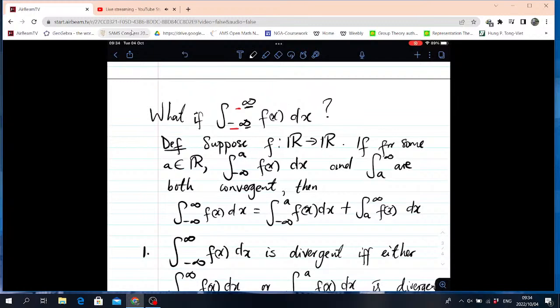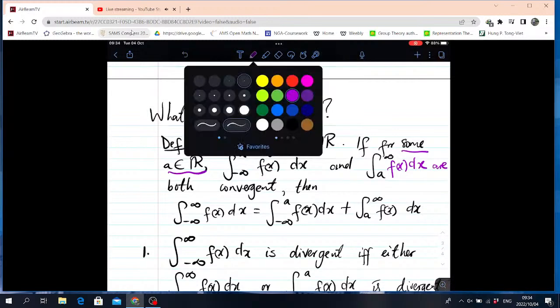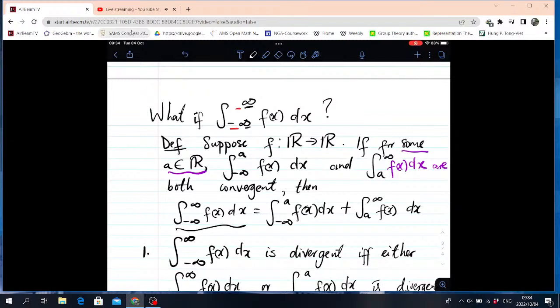So if you've got a function which is defined from R to R, and if for some a in R, the integral from minus infinity to a of f of x dx, and the integral from a to infinity of f of x dx, both are convergent, then we say that the integral would be the sum of that plus that, right?